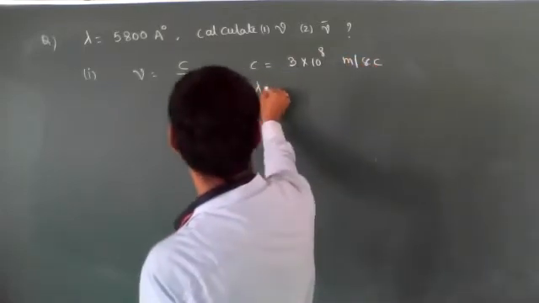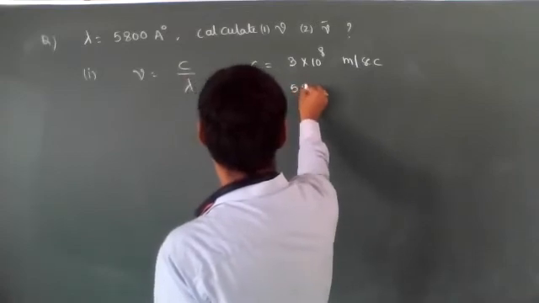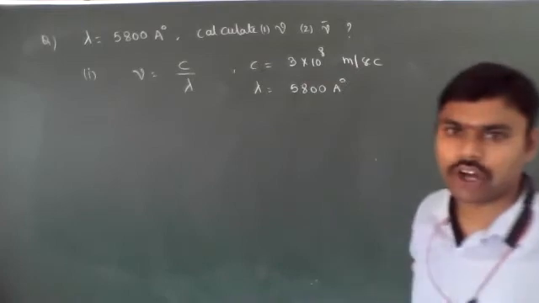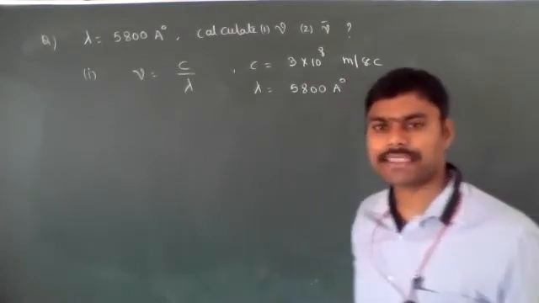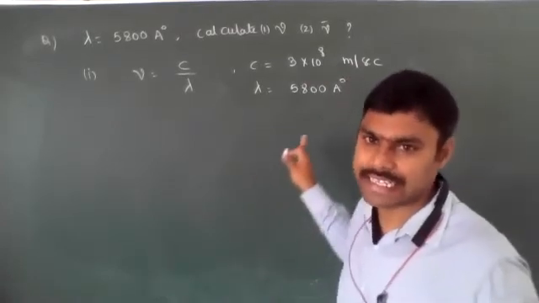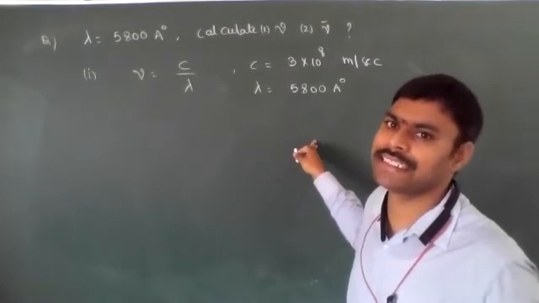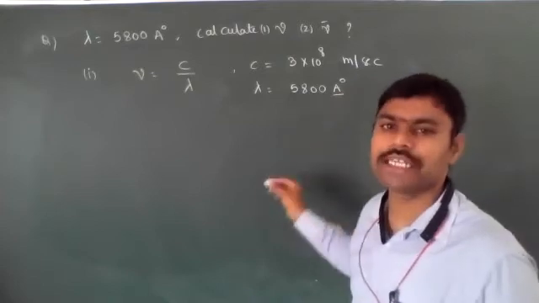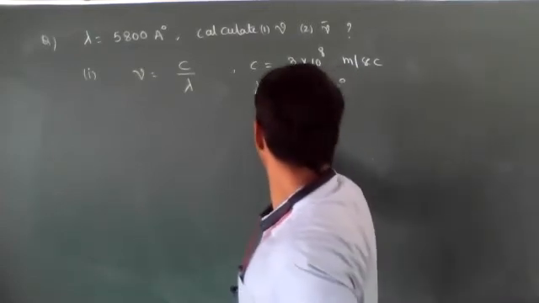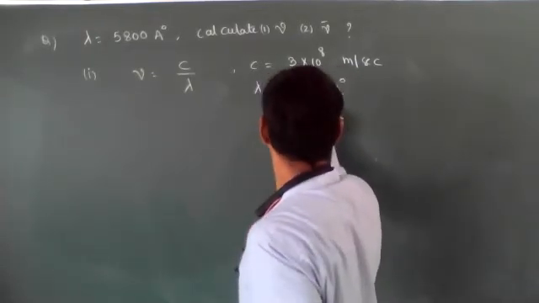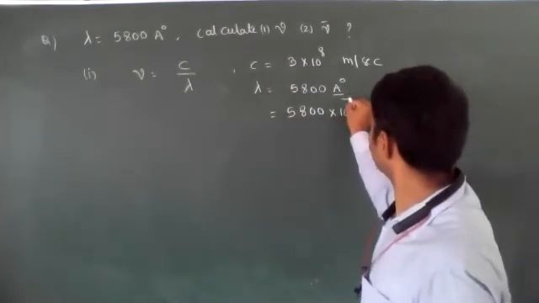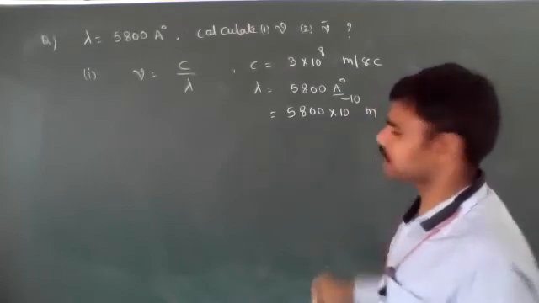And lambda is equal to 5800 angstroms. 1 angstrom is equal to how many meters? 1 angstrom is equal to 10 to the power of minus 8 centimeters or 10 to the power of minus 10 meters. So here I need to convert angstrom units into meters: 5800 into 10 to the power of minus 10 meters.